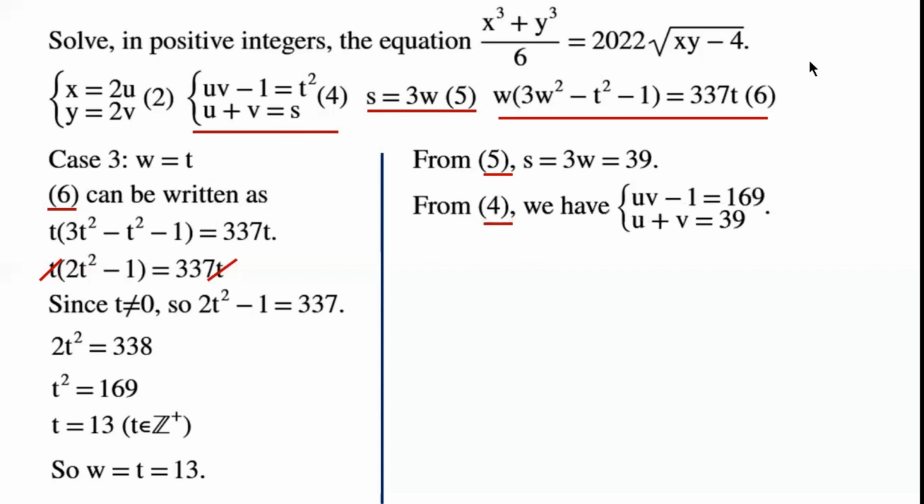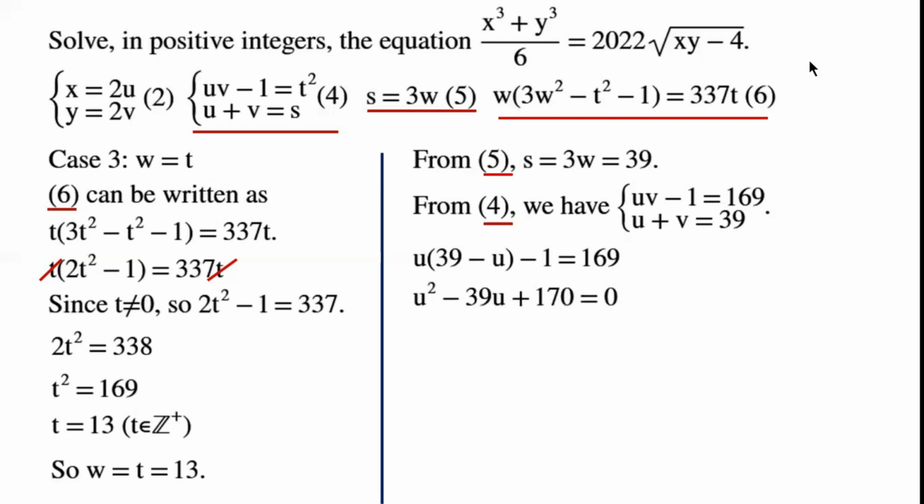From equation 4, we have uv minus 1 equals 169. u plus v equals 39. We can now write u times (39 minus u) minus 1 equals 169.